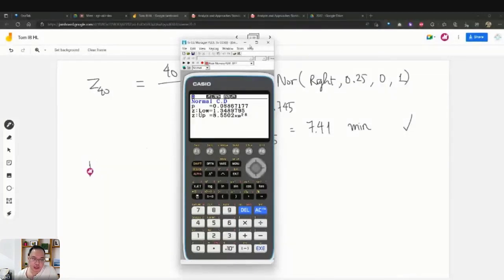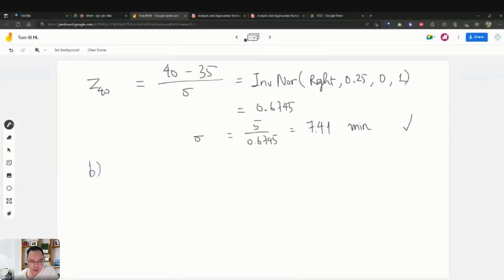Okay, and for the solution, of course, we need to write X follows a normal distribution with the mean 35 and the variance of 7.411 squared. Let me check that value again.